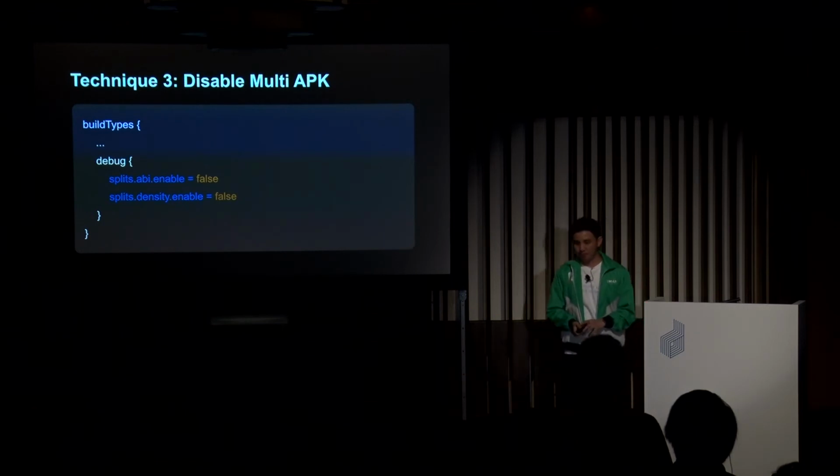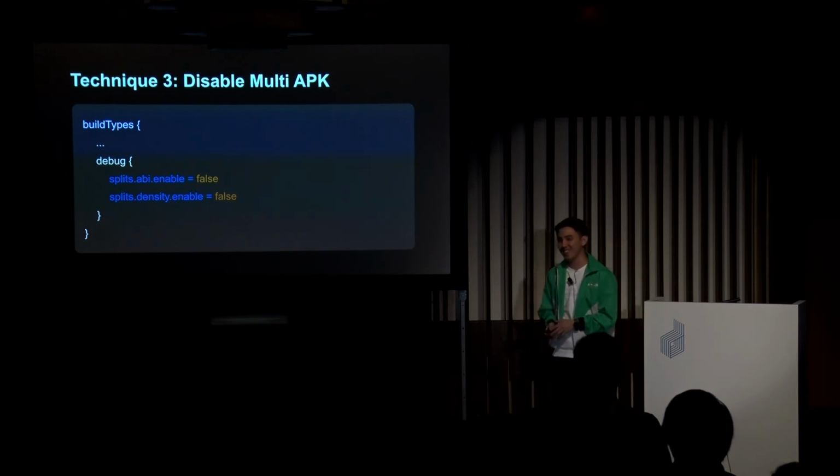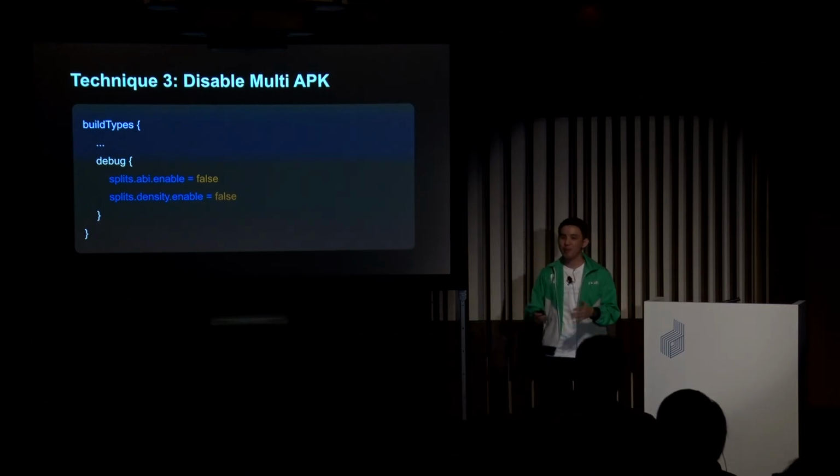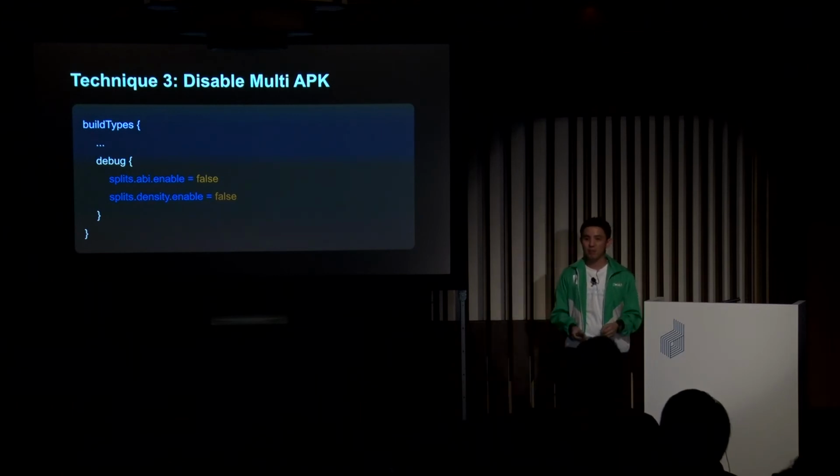And technique 3 is to disable multi-APK. This technique is related to the tip that I told you in the smaller app section before, to split the APK. For splitting APK, to create multiple APKs, Android Studio and Gradle have to take more time to create multi-APK for you.